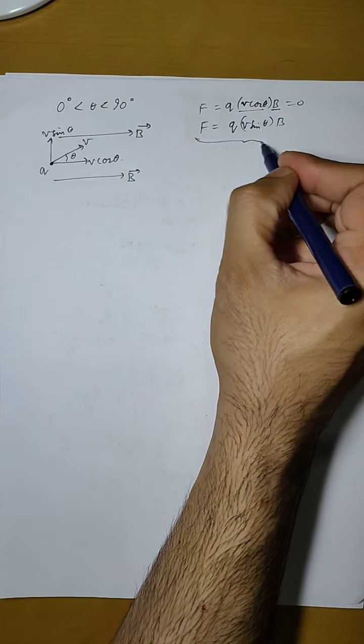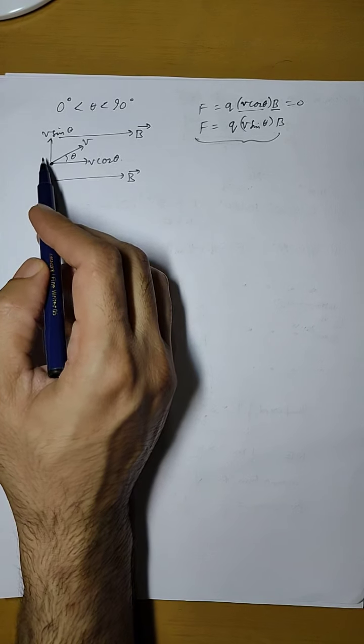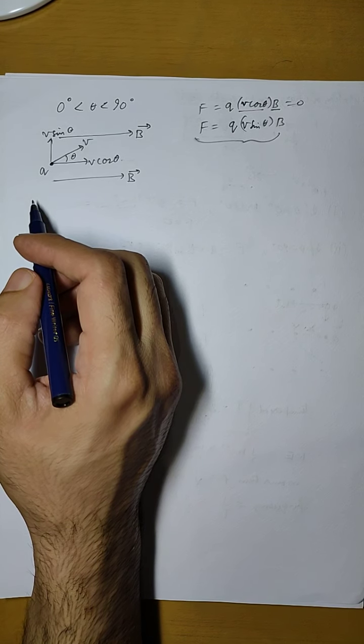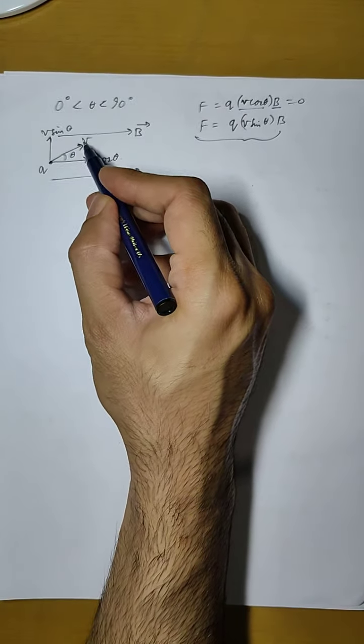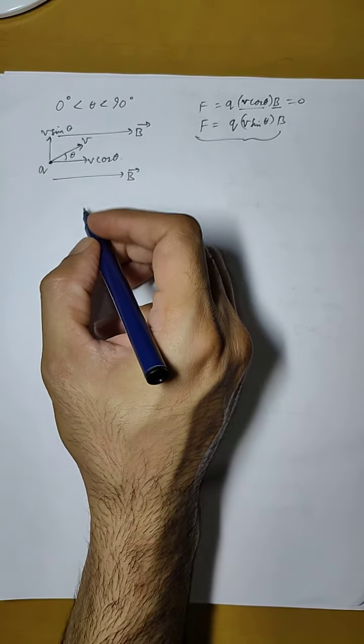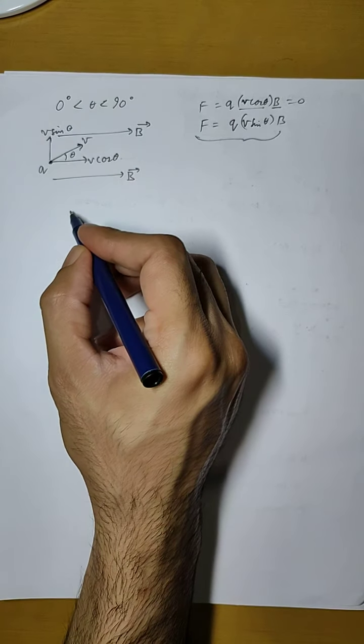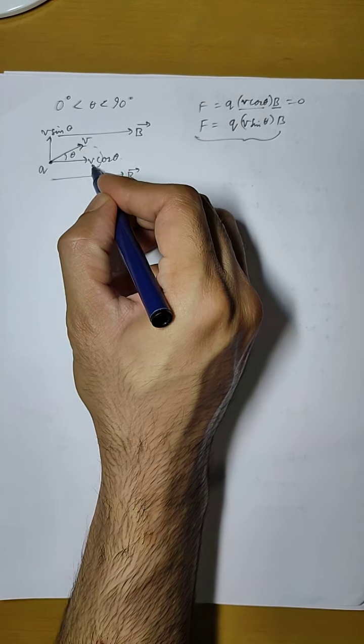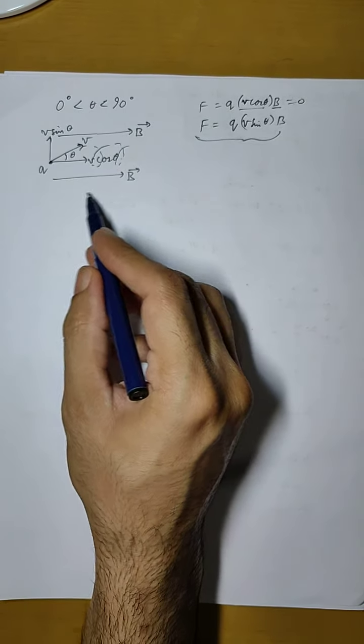So the only force applied on this particle will be the perpendicular force, and because of this perpendicular force and the velocity here, the path of this charged particle will keep on moving like this.